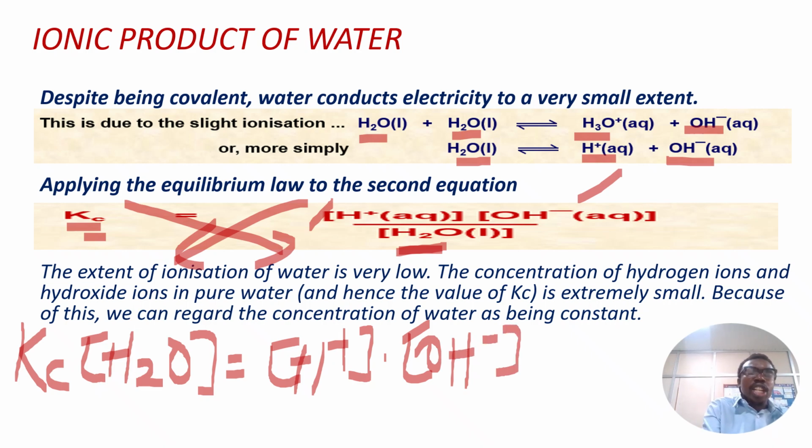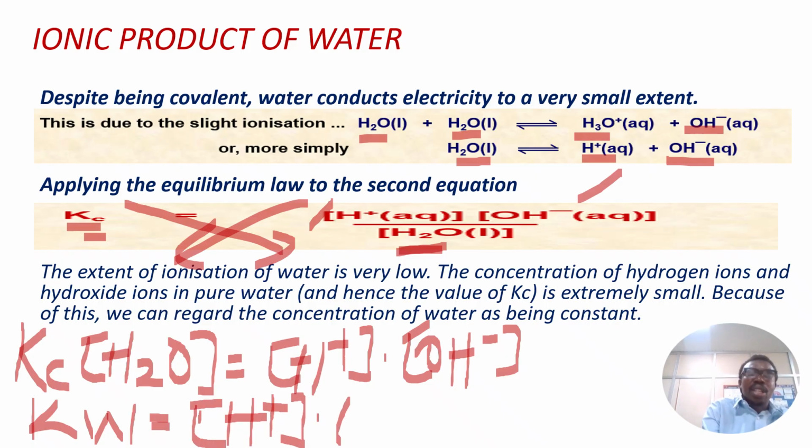So we're going to generate a new constant Kw, which is equal to the concentration of hydrogen ion multiplied by the concentration of hydroxide ion, which is known as what? The ionic product of water.